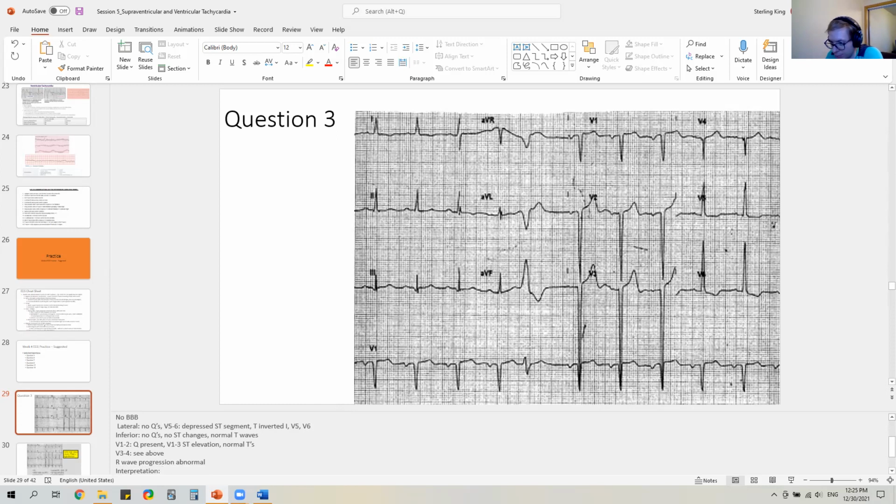Let's start with the Qs. Q waves V1 through 4. And we have ST segments, so depressed lateral ST, so V5 and 6, T inverted in 1, V5 and 6.